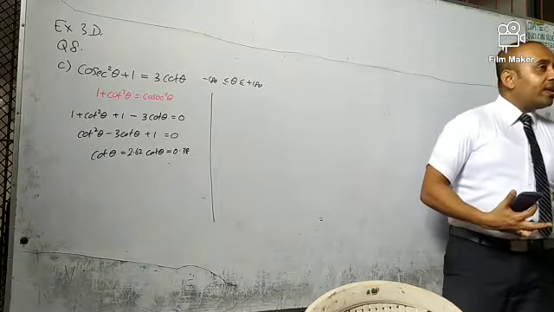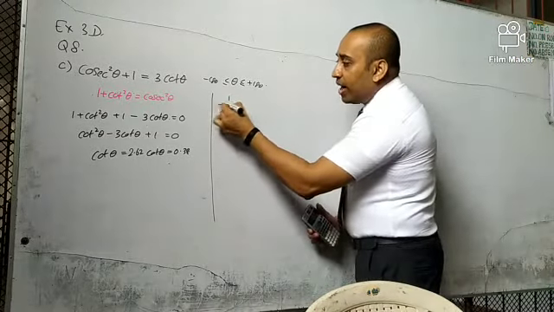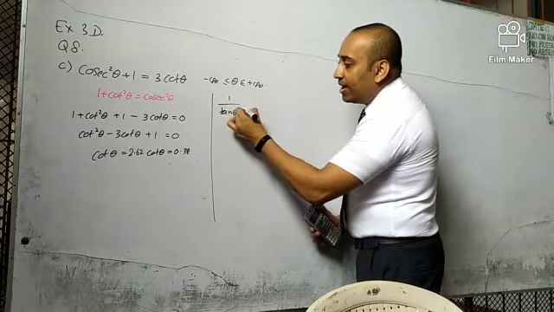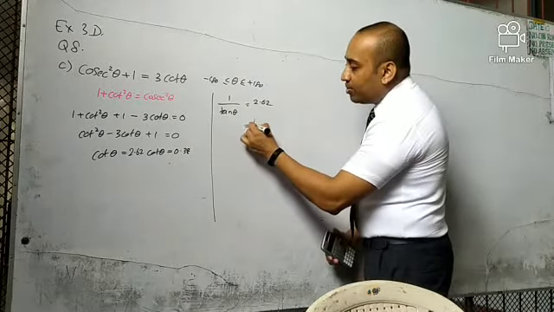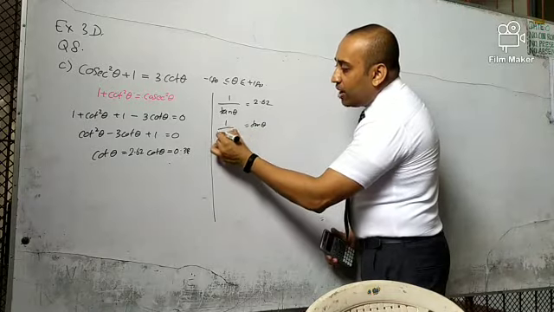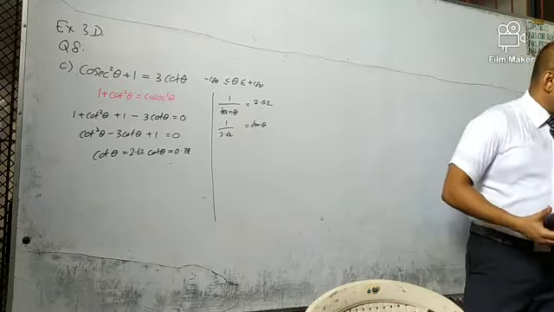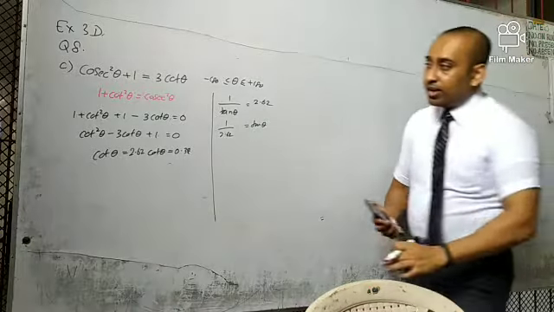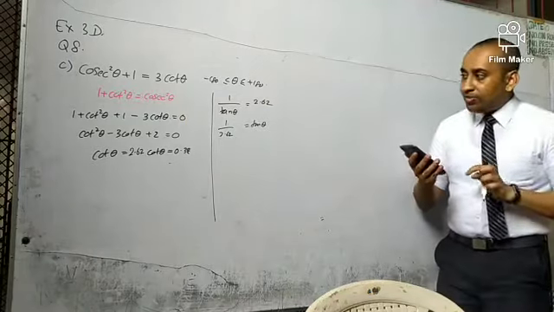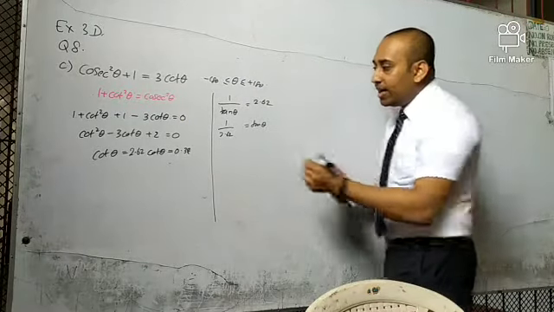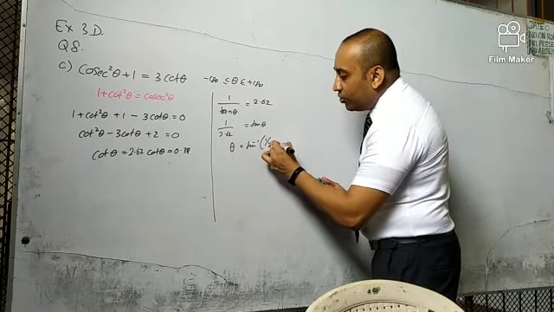But instead of cot theta, you can write 1 over tan theta equals 2.62. Then if you cross multiply, tan theta equals 1 over 2.62. Then theta equals tan inverse 1 over 2.62.